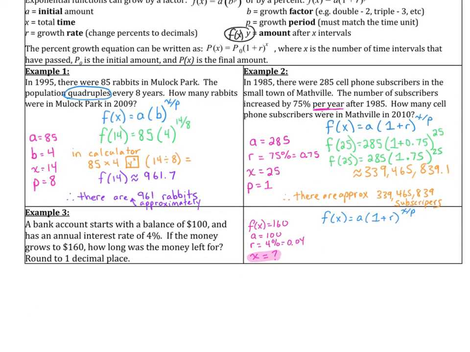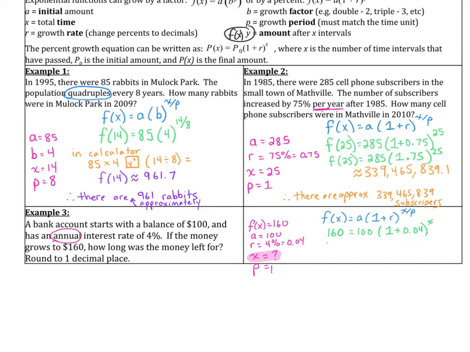And the P is equal to 1 because it talks about an annual interest rate, so that's just for 1 year. So when we substitute that in, the final amount, which is f of x, is 160. The beginning amount is 100, and that's 1 plus 0.04, and x is what we're solving for.